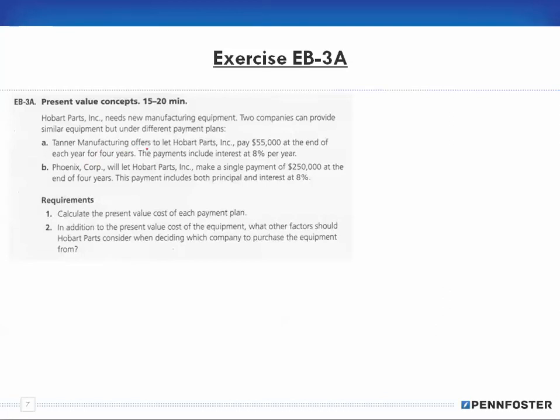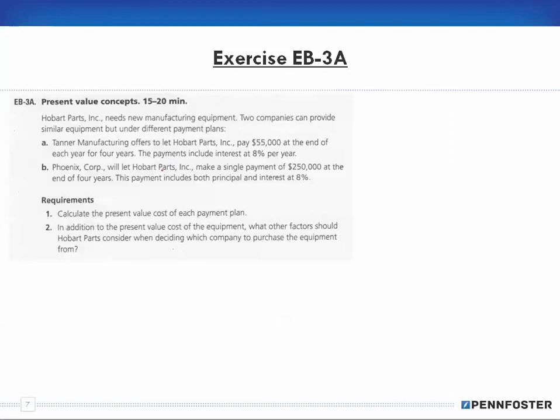It says Tanner Manufacturing offers to let Hobart pay $55,000 at the end of each year for 4 years. The payments include interest at 8%. Phoenix Corp will let Hobart make a single payment of $250,000 at the end of 4 years. This payment includes both principal and interest at 8%.